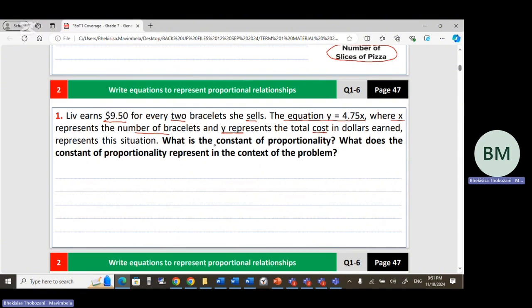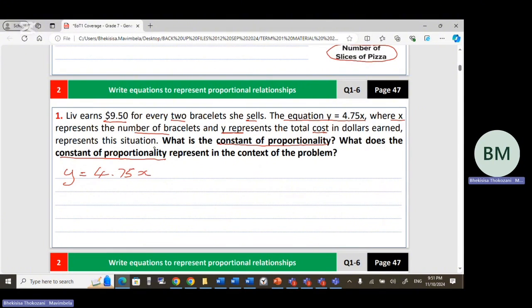Now, they want to know what is the constant of proportionality. And what does the constant of proportionality represent? So you have to give them 2 answers. Firstly, just take the equation, and the equation here is y equal to 4.75x.